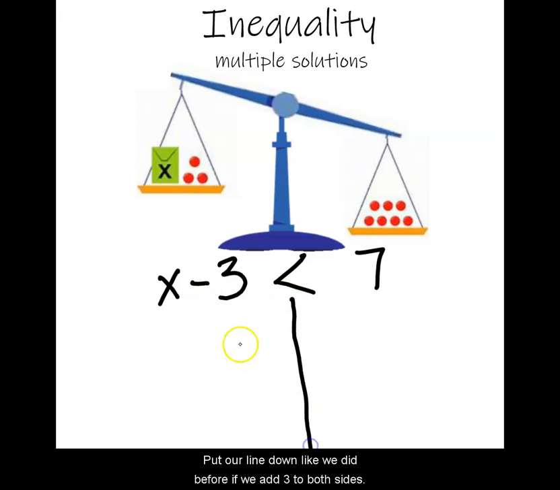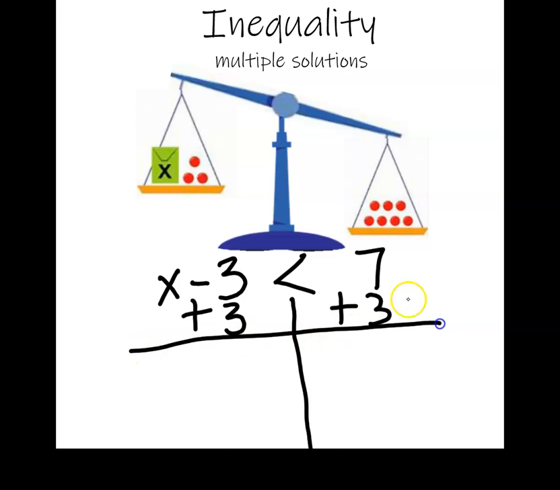So we put our line down like we did before. If we add 3 to both sides, this cancels out, and x is going to be less than negative 4.